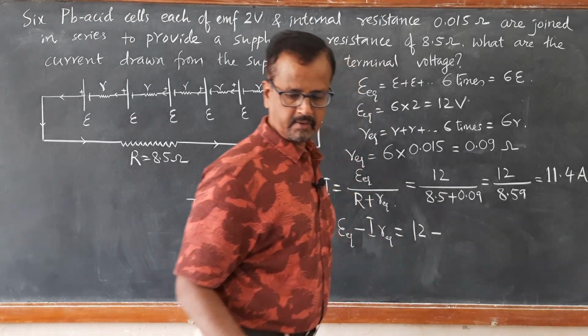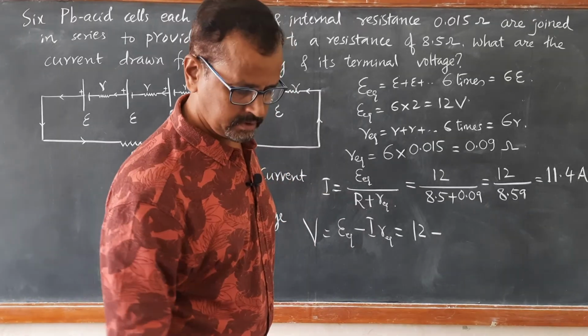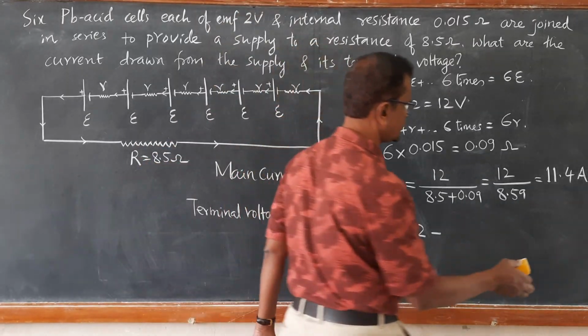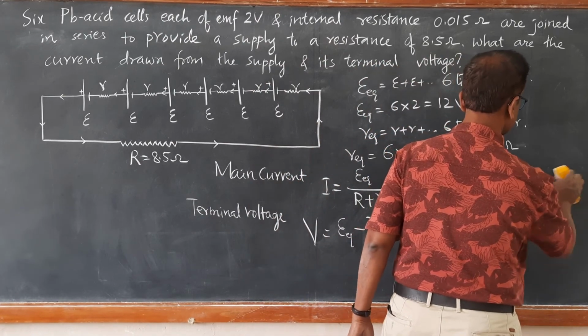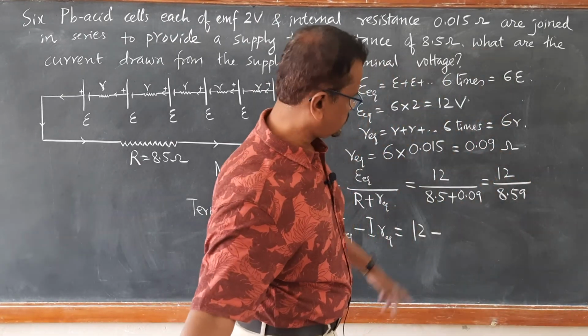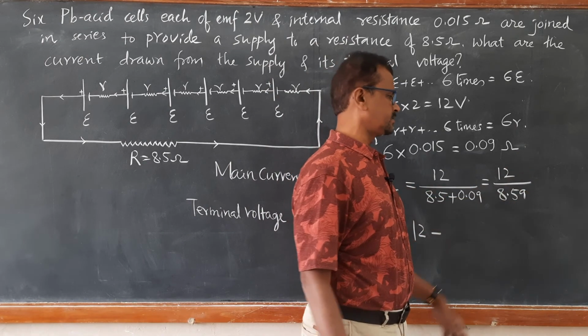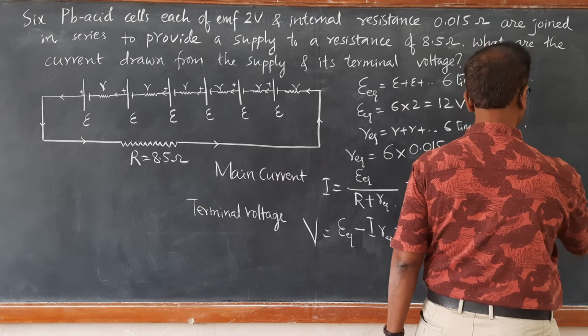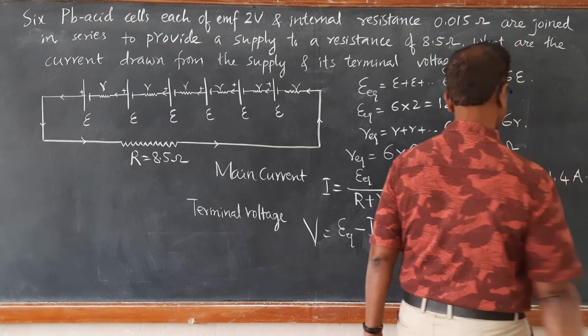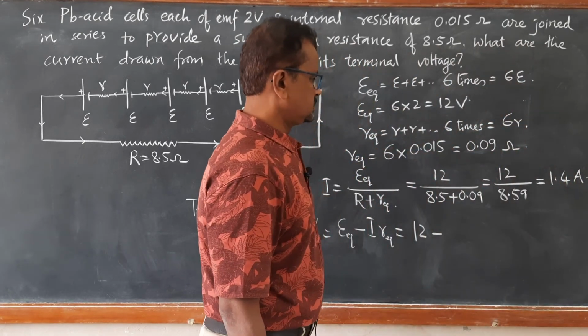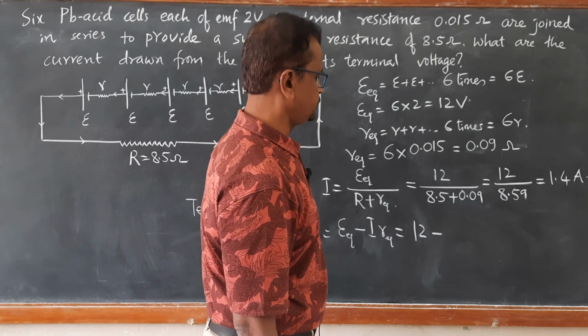So this is not 11.4, there is a correction. We'll find it out. It's not 11.4. It is 1 point something, because if you take it as 8.6, it will be hardly 1 point something. 1.4 ampere. Right?